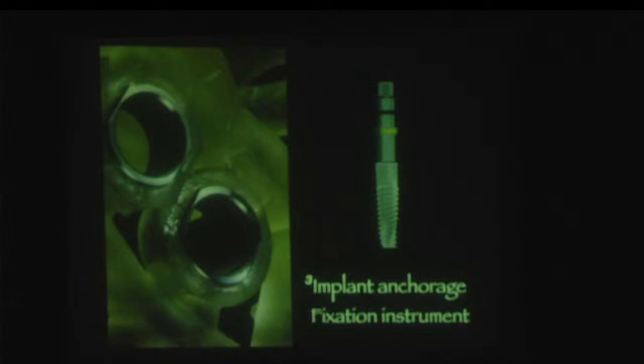And now we place the implant, and if it is healthy with the primary stability, we can get fixation from the placed implant. This is what we call implant anchorage fixation instrument.